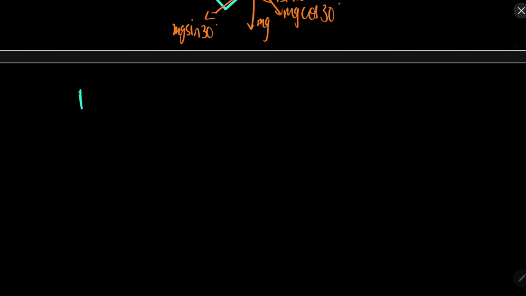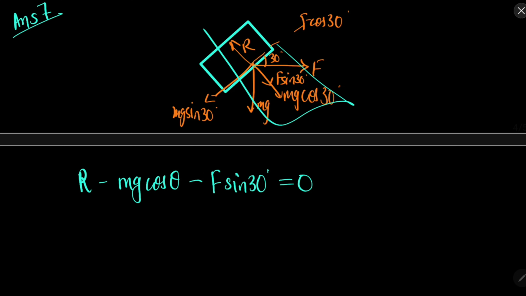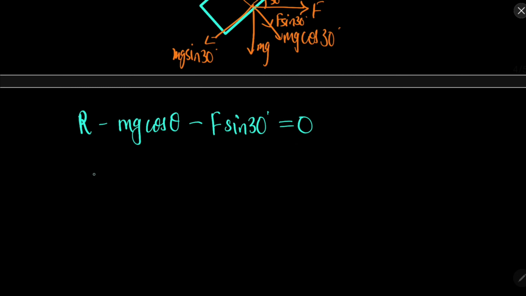So the equation will be R minus mg cos theta equal to F sin theta, or if you want to write it in another way, equal to 0, because there is no motion in this direction.